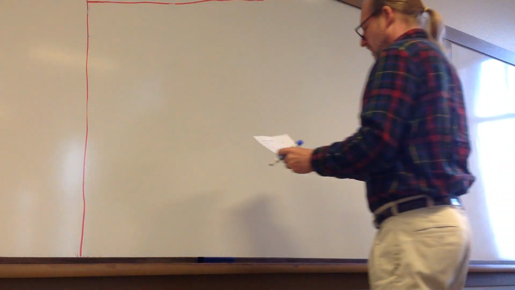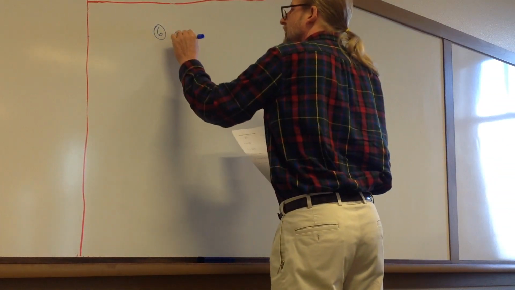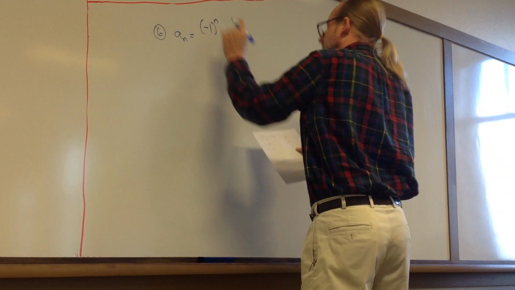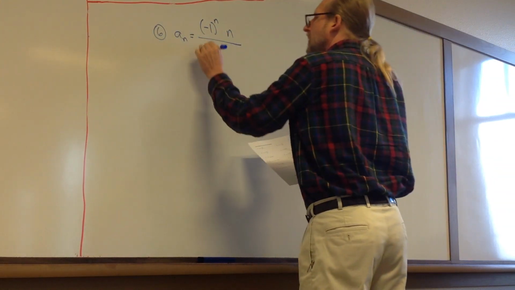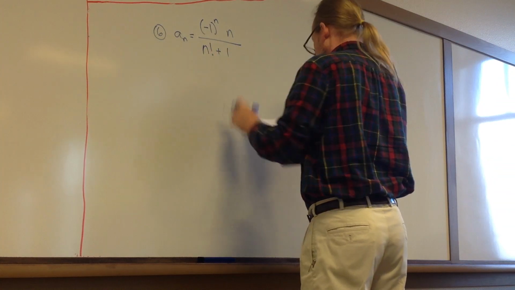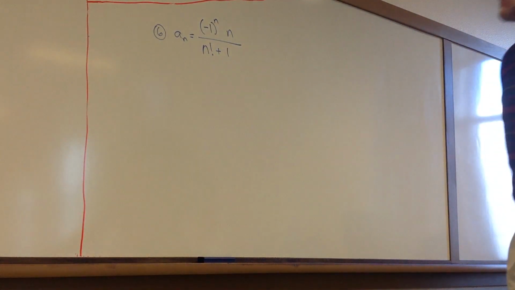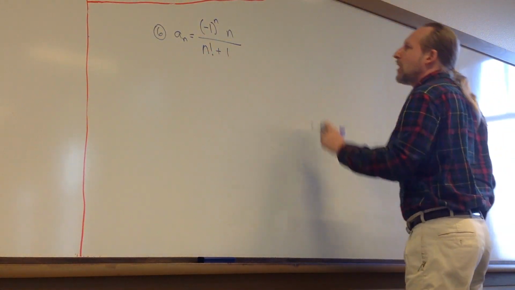Let's see here, problem 6. Problem 6 has an interesting feature in it: negative 1 to the n power, and then we've got an n, and then n factorial plus 1 on the bottom. If you've never worked with a factorial before, it's just this number times all the numbers smaller than it.